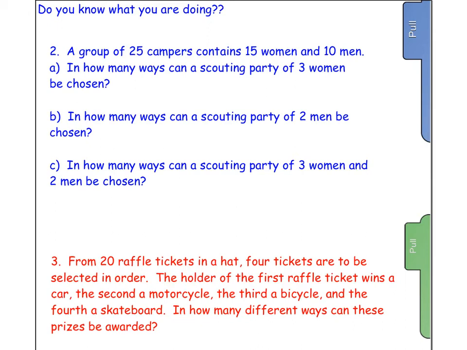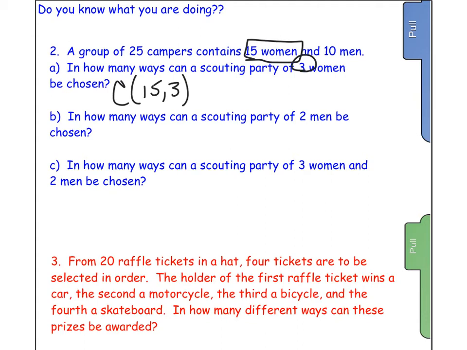A scouting party doesn't distinguish anything about roles, so we will use the combination formula. How many women are there in this camping group? There are 15 women. That's our pool, 15 women to choose from, and we are picking 3 for this scouting party.